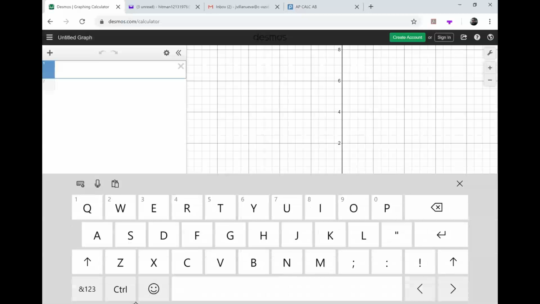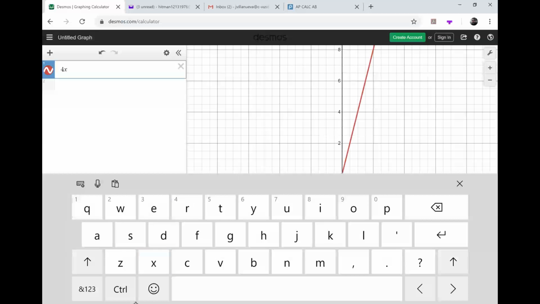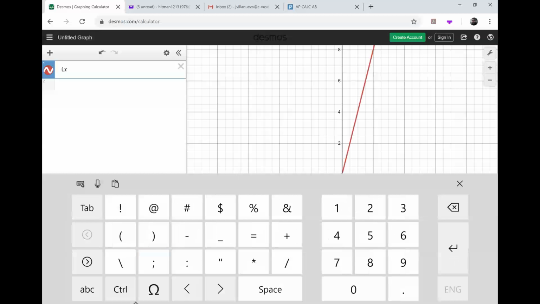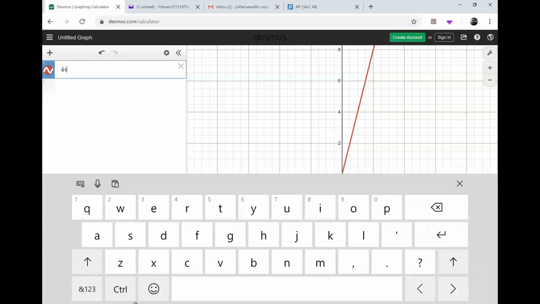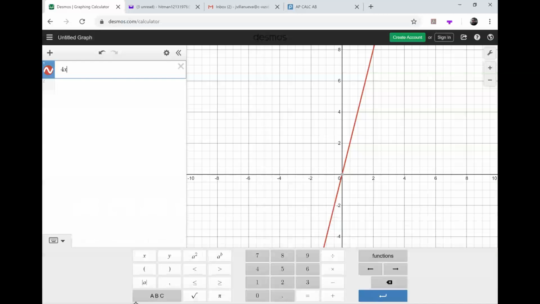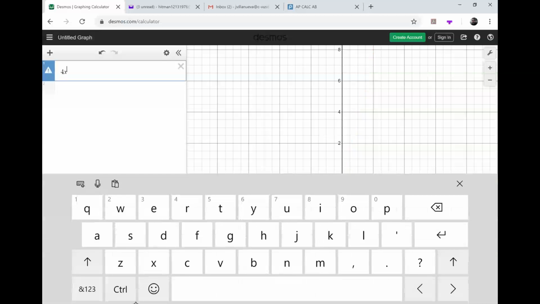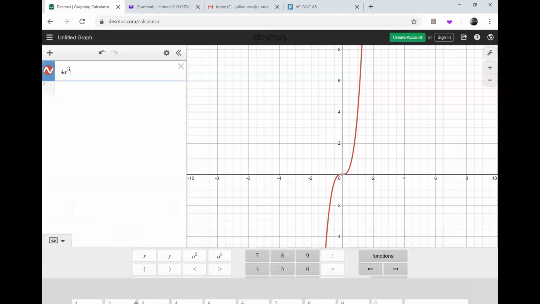It was 4x to the third, so 4x cubed. Then, what was it?